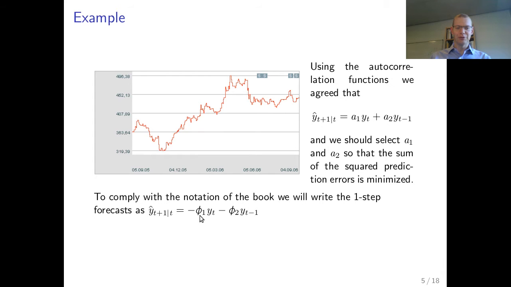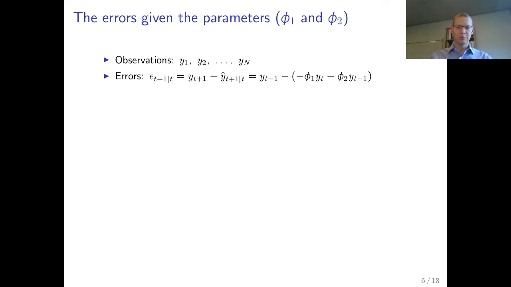Usually the phi is positive on the left hand side, so when you move it to the right hand side, it becomes negative. This is one thing to be aware of: which software you're using and what the definition is there. In the ARIMA function that we'll use later, this is the definition that we will actually be using under the hood.